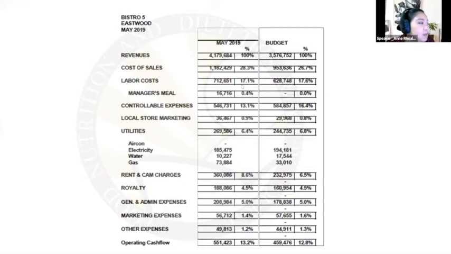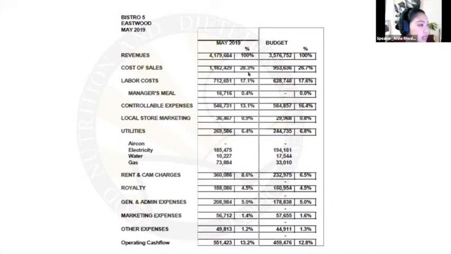So here, the cost of sales, or what we also call the food cost percentage, is at 28.3. And ideally for a casual dining restaurant, it is ideally 25% food cost.